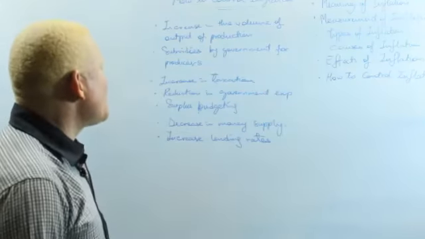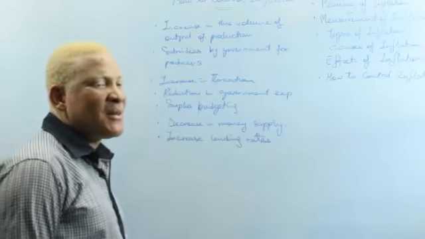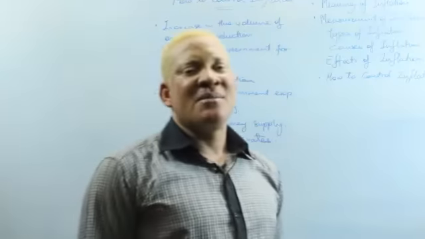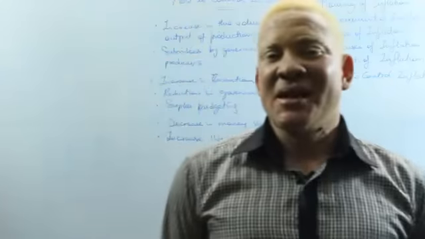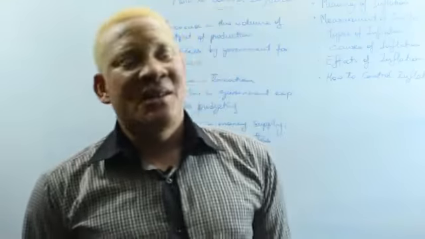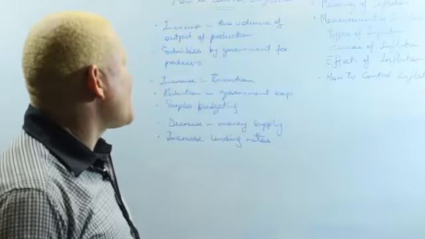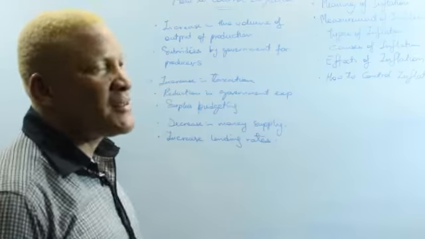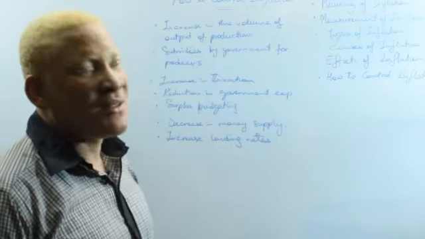Then the next one is increase in taxation. Taxation is one of the sources of government revenue, and that means that when you are increasing tax, you are reducing the volume of money in circulation. The next one is reduction in government expenditure. Definitely, government expenditure through projects and so on injects more money into circulation.